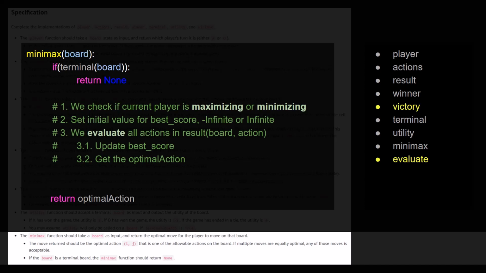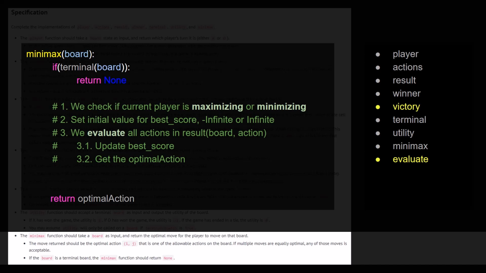Then we check if the current player is trying to maximize or minimize, and we set the initial value of the best score to -infinity if we are trying to maximize, or infinity if we are trying to minimize. Why? Because if we are trying to maximize, we start from the lowest possible, which is -infinity, and then any other utility from the utility function that we get will be higher than -infinity. In that way, we can update the score and get the best score, the maximum one.